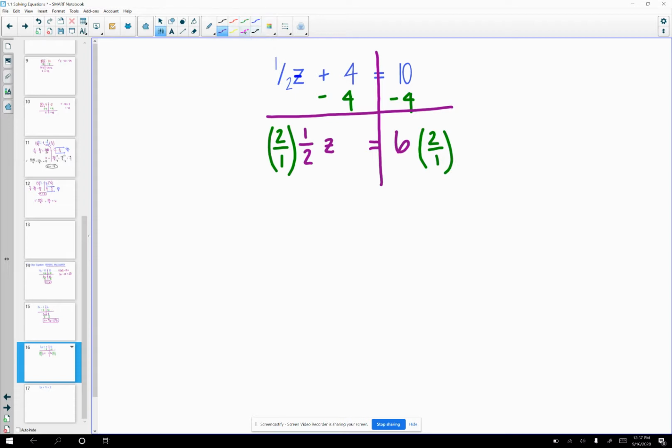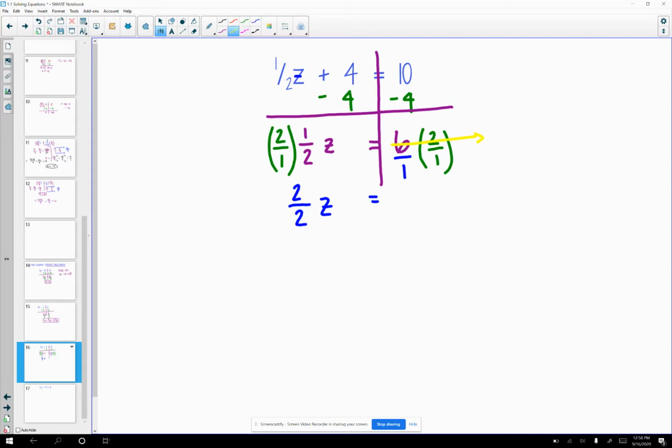So on the right, and just so we know, what we really have is 2 times 1, which is 2, 1 times 2, which is 2, all times z equals, and I'm going to put my 6 over a 1. Remember, go straight across as you multiply.